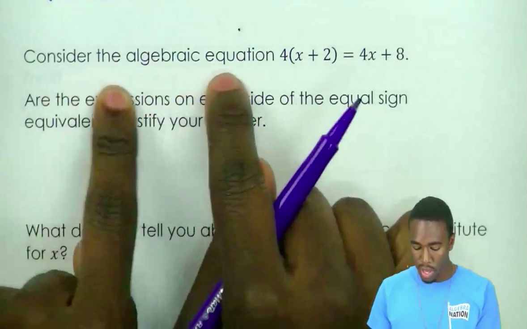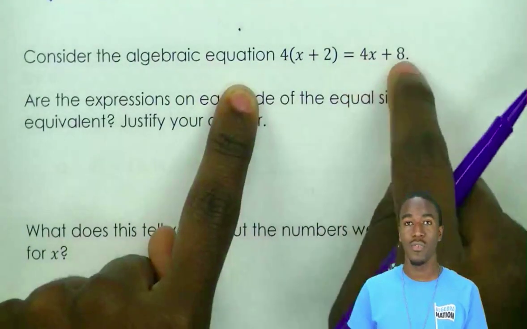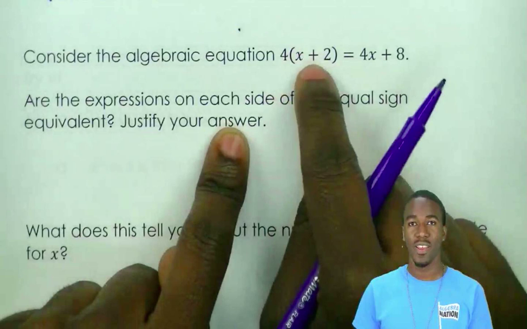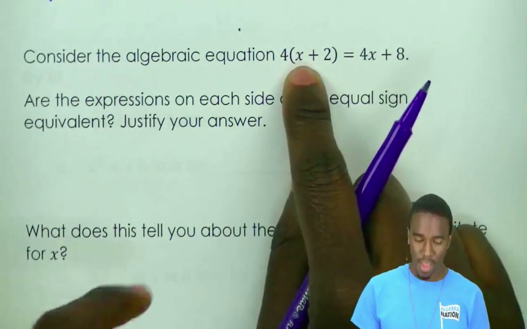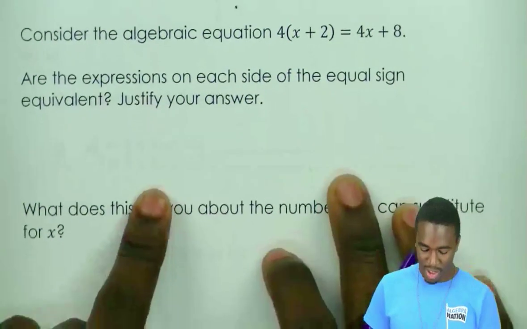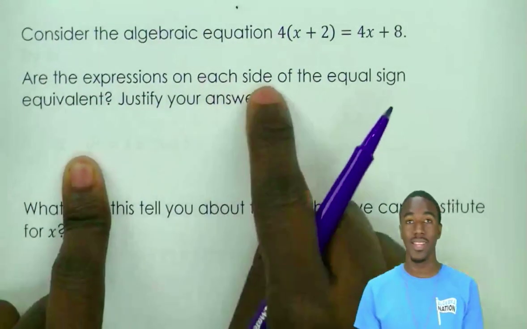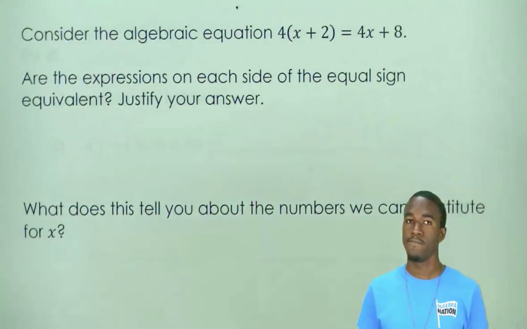So consider the algebraic equation 4 times the quantity x plus 2 is equal to 4x plus 8. Right here, that's our variable. We don't know the value of it exactly, but we know we're going to have to figure that out. Are the expressions on each side of the equal sign equivalent? Justify your answer. That's a good one.